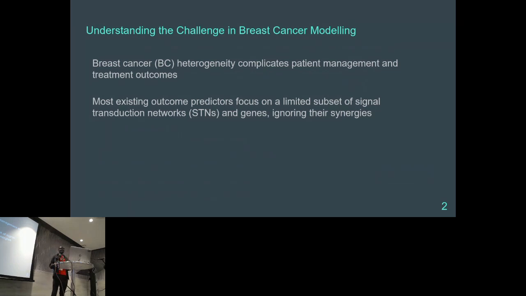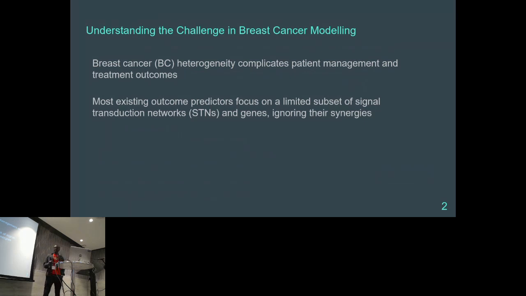And as you can imagine, there are a number of pathways that are associated with breast cancer, or any cancer for that matter. But then the reasons of things like dimensionality in genomics make it a bit difficult to deal with all this amount of data.